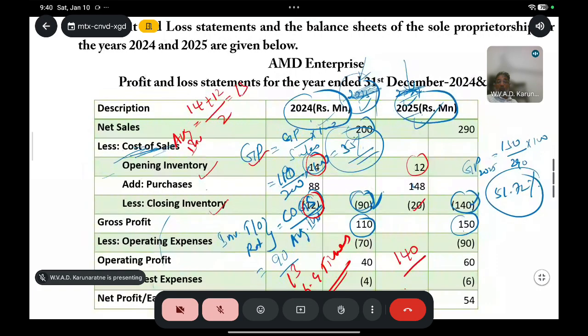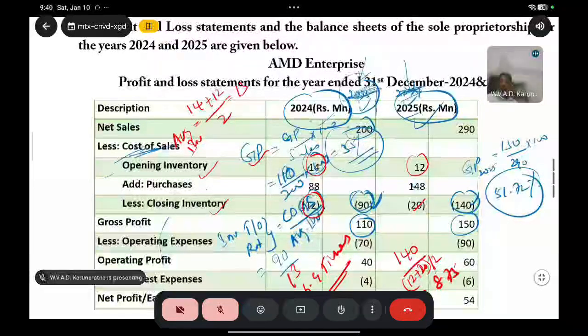Otherwise you can write it as just 20 divided by 2. Answer is 140 divided by 16. Am I correct? 8.75. Yes, sir. Yeah, 8.75.